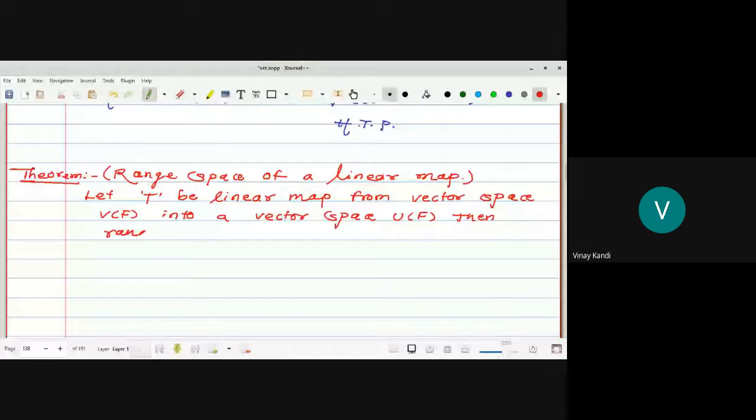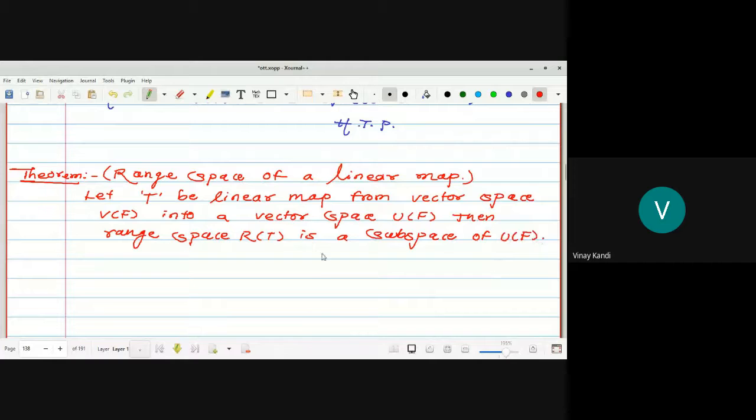the range space R of T. The range space is denoted by R of T. In the last lecture, we have seen that this is a subspace of U over F. Here T is a mapping from V to U. Suppose x is any element of V, then T of x must belong to U; the output will be in your codomain.